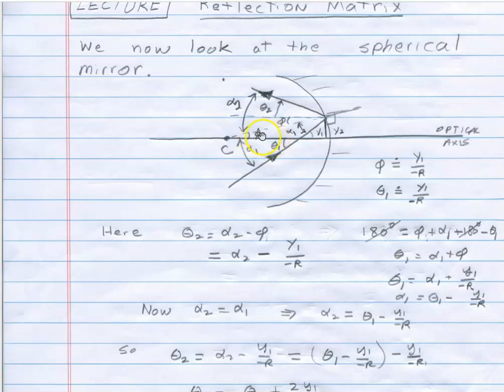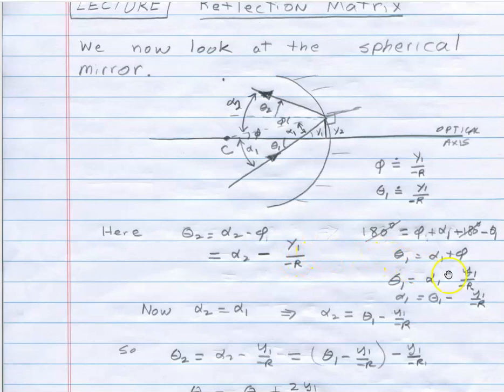Now we have to remember our sign convention, and our sign convention is that for the concave mirror, that's a negative r. So if I honor that, this r here is negative, and so I have to take a minus of it to get all of this to be a positive value. And so I substitute for phi here this y1 over minus r, and it's subtracted.